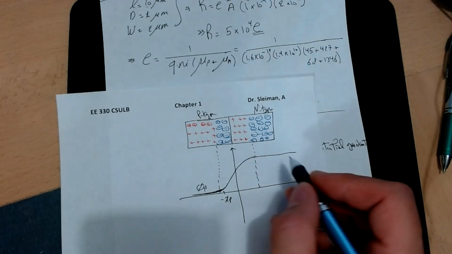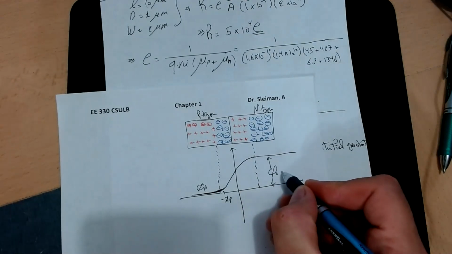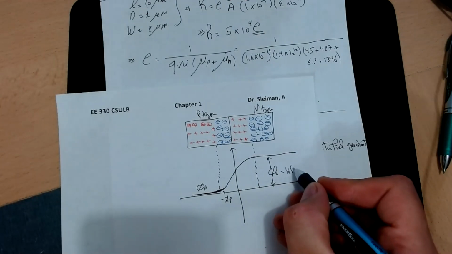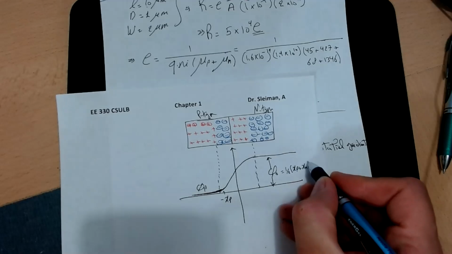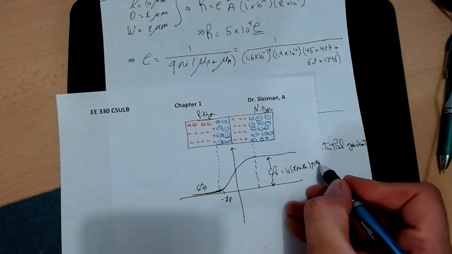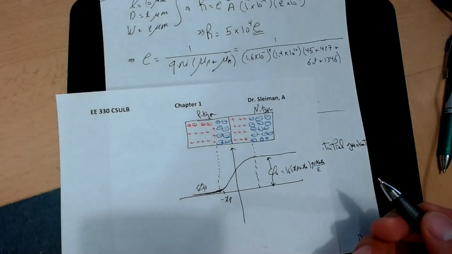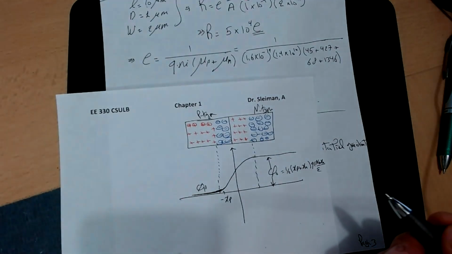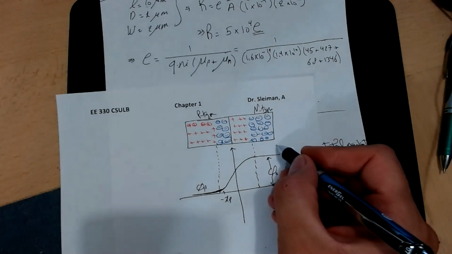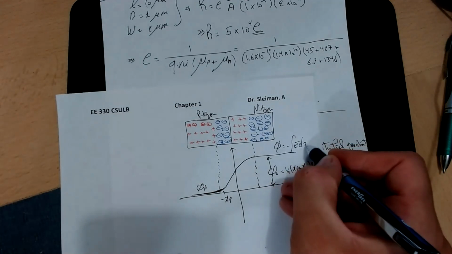So this is phi 0, which is equal to 1/2 (xp + xn) multiplied with qNd xn divided by epsilon. This is what we are integrating, this area.